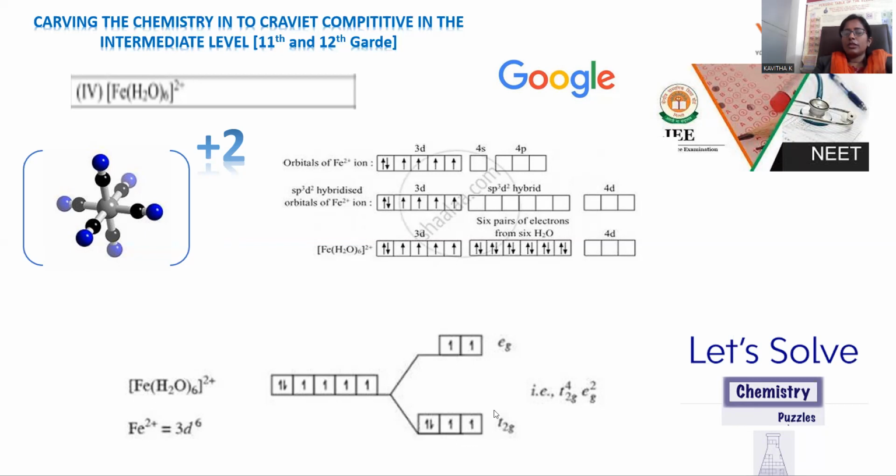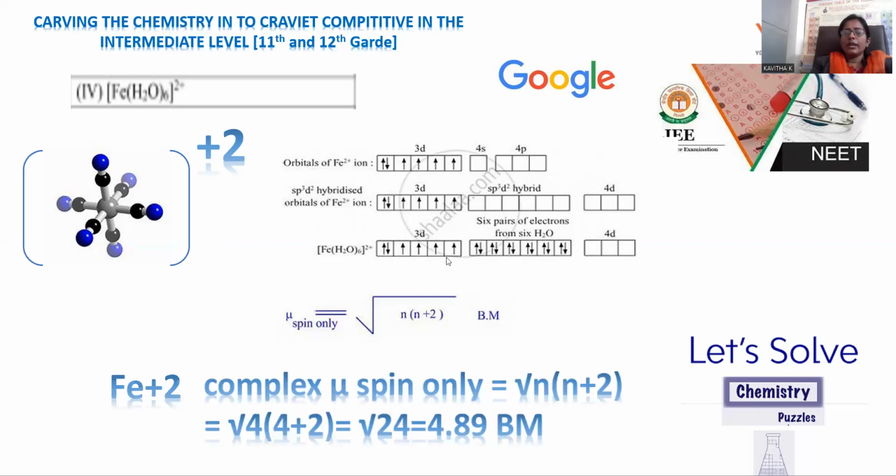So 1, 2, 3, 4, 5, the 6th electron again comes into t2g. So the P statement states that around this central metal, the t2g orbital is occupying 4 electrons. That is perfectly correct. 4 electrons are lying in the t2g orbital, right? This is correct. Move on to another.